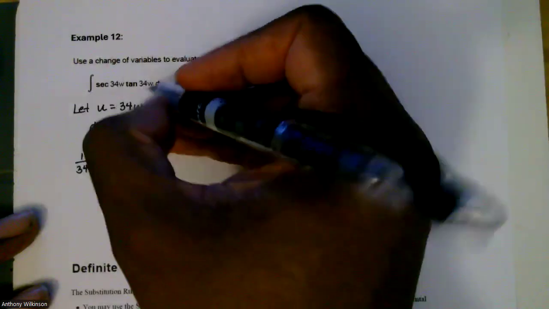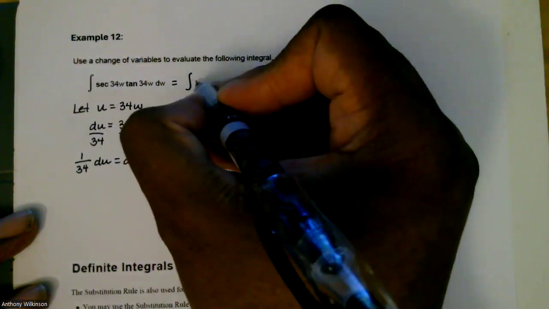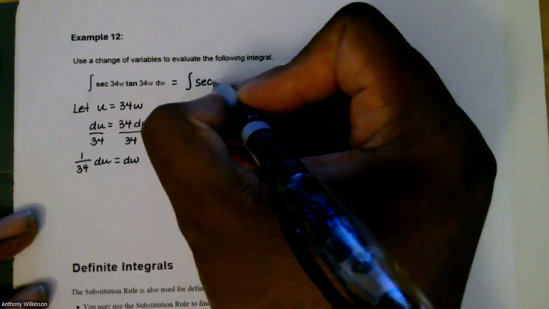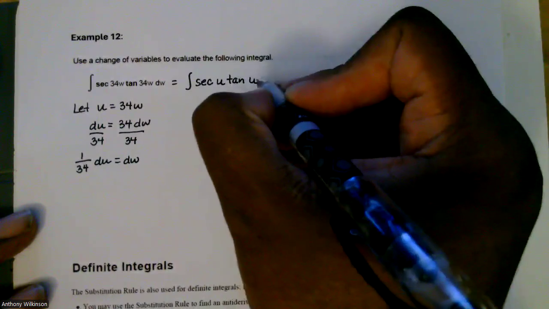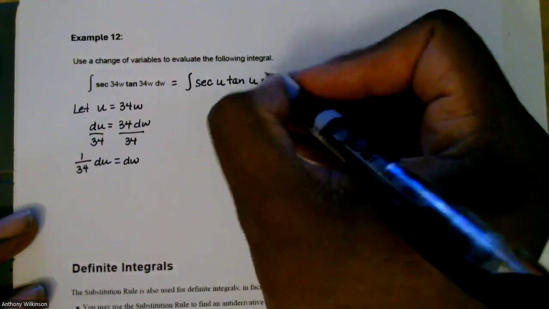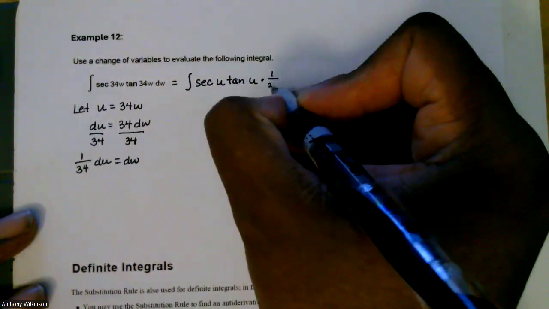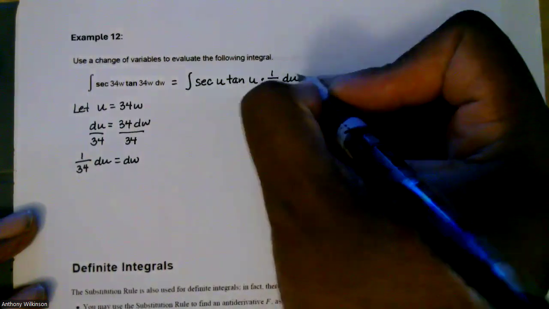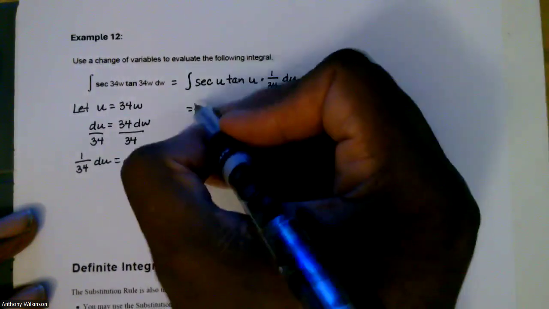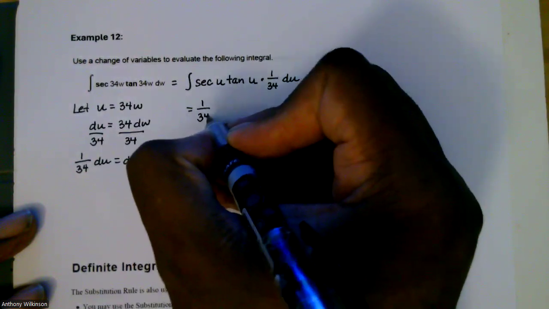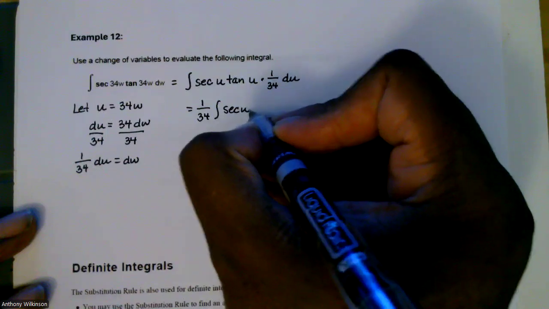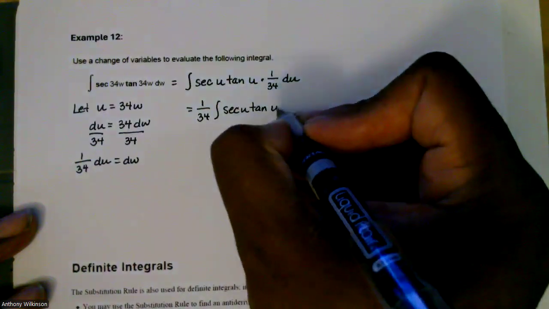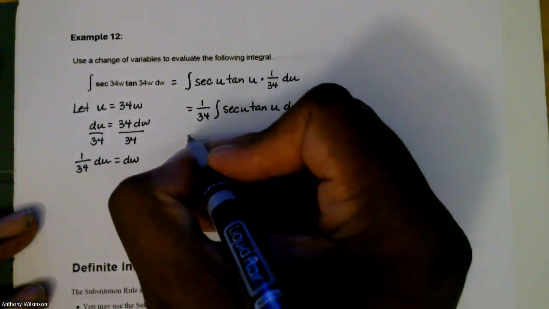Well, all we got to do is just do the substitution in terms of u. So this will be the integral of the secant of 34w, which is going to be u, tangent of 34w, that's also going to be u, times dw, we replace that with 1 over 34 du. And I can pull the 1 over 34 on the outside, so it'll be 1/34 times the integral of the secant of u, tangent of u, du.